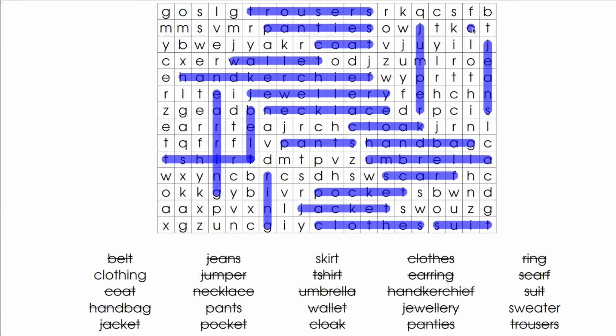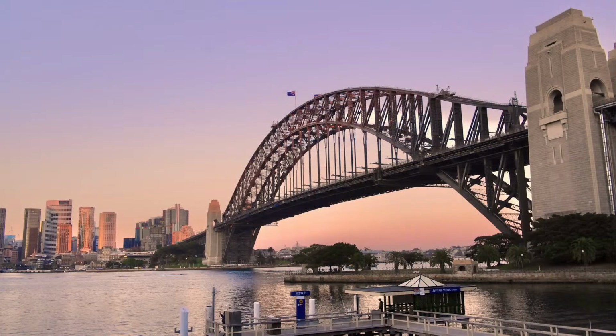Jeans and clothing and sweater. Oh, I've missed skirt. Sorry, there's one more still hidden in here. And here we go. Yep, skirt. Just change the graphics again and load up the other one.